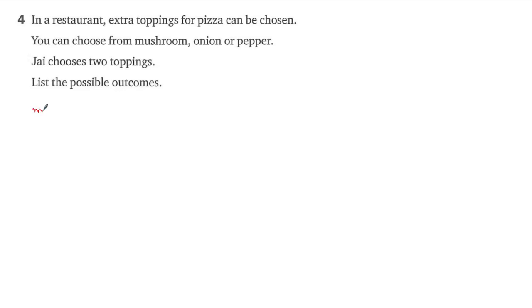You can have mushroom and onion, one outcome. Another one may be mushroom and pepper.